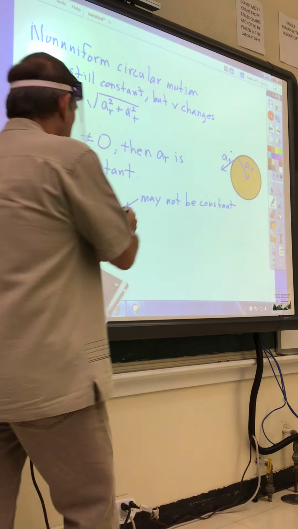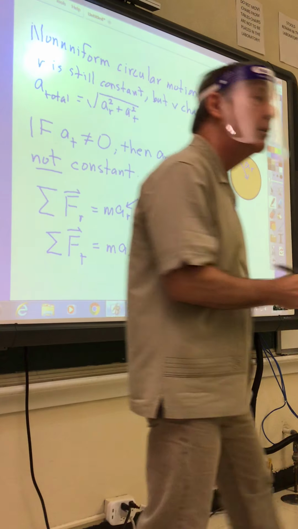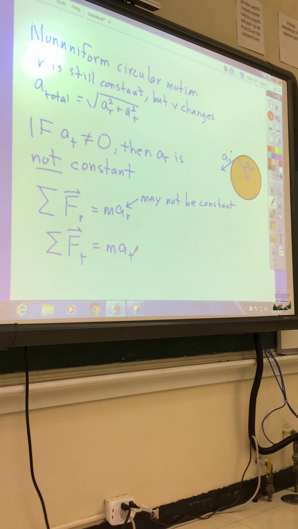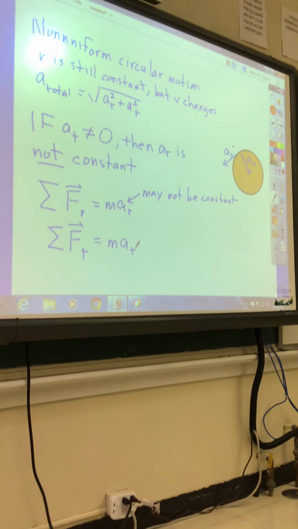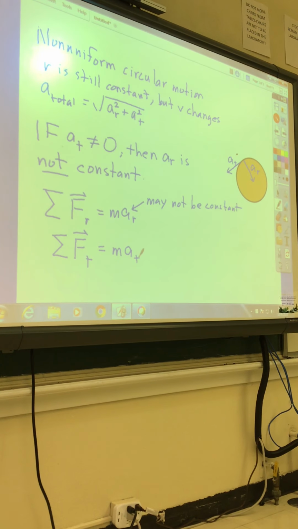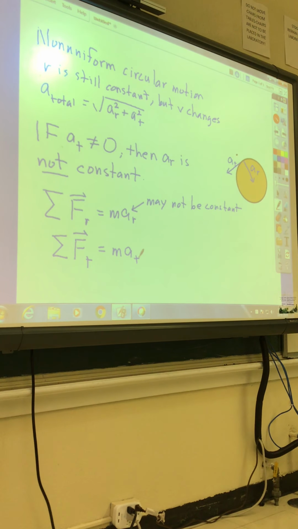So does that mean the tangential acceleration isn't constant either? No, it can be. Yes, and generally, in problems here it will be constant. So it may not be constant, okay, but generally we treat it as being constant. So yeah, the tangential acceleration can be constant, just not zero.